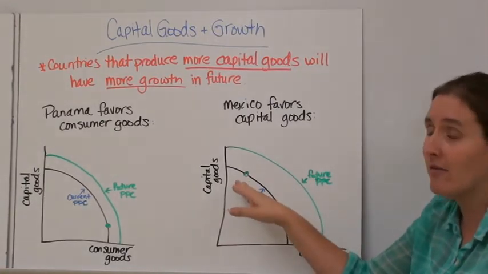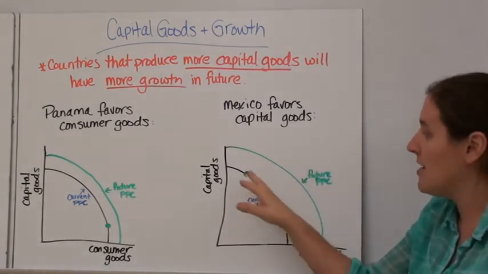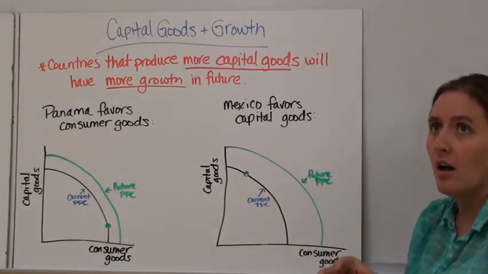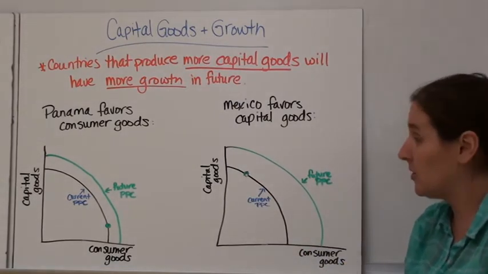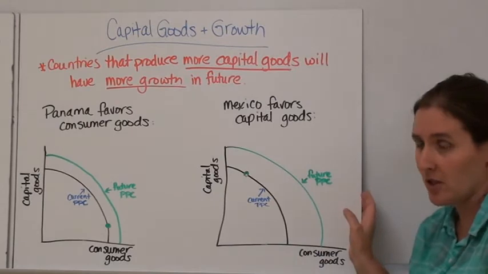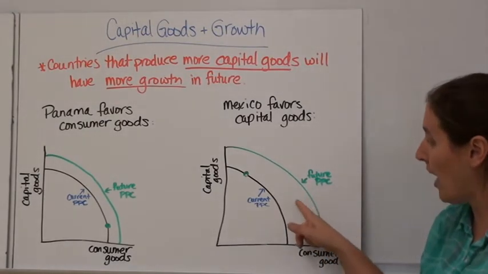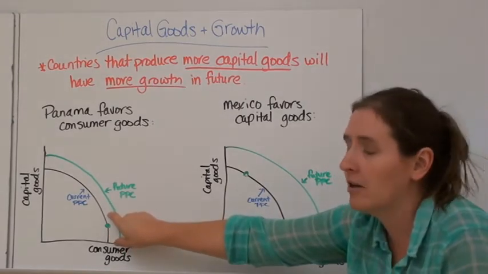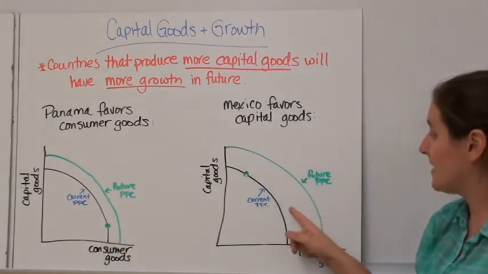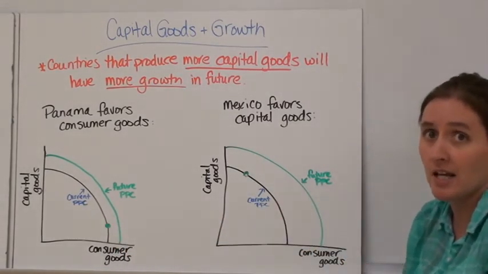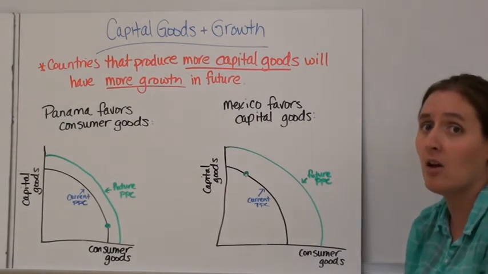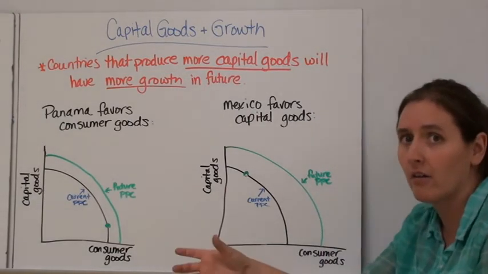Because let's say it's the future now, they have more items that will help them produce more. So if we look at their long-term future growth, their PPC is going to go out much more than Panama, who's favoring consumer goods, because Mexico has invested in its future and is building things that will help it produce more later on.